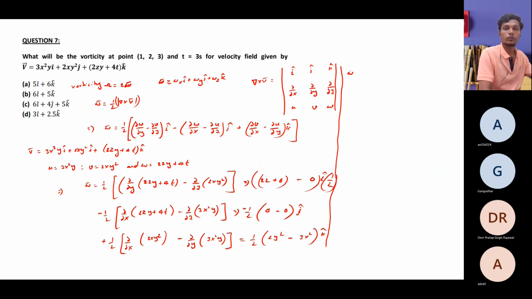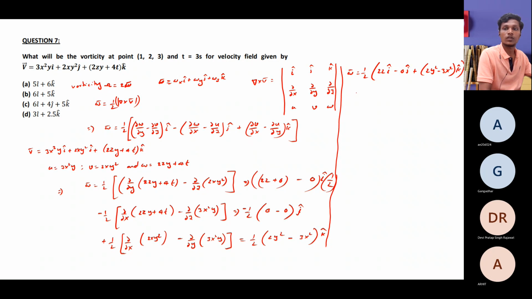Omega bar equals, if we take out half as a common factor, half of (2z i cap minus 0 j cap plus (2y² minus 3x²) k cap).